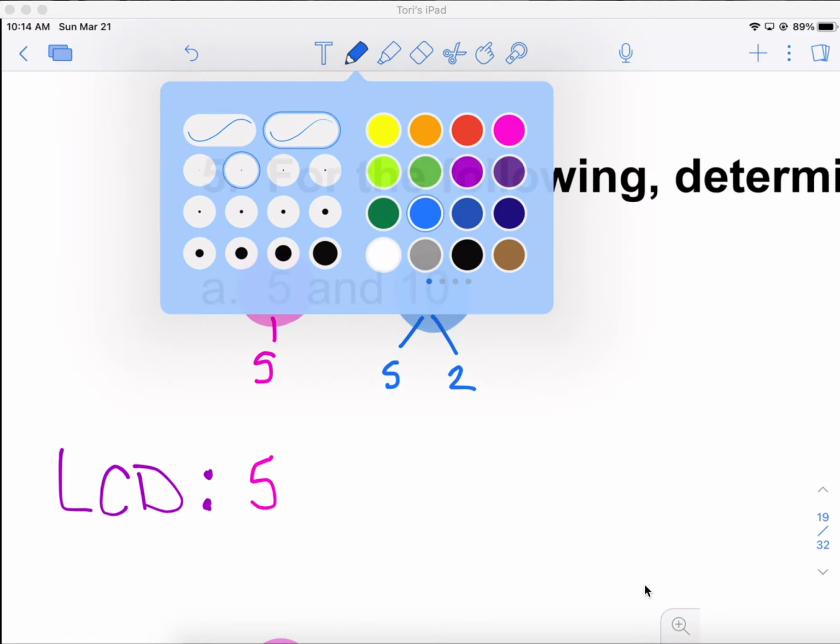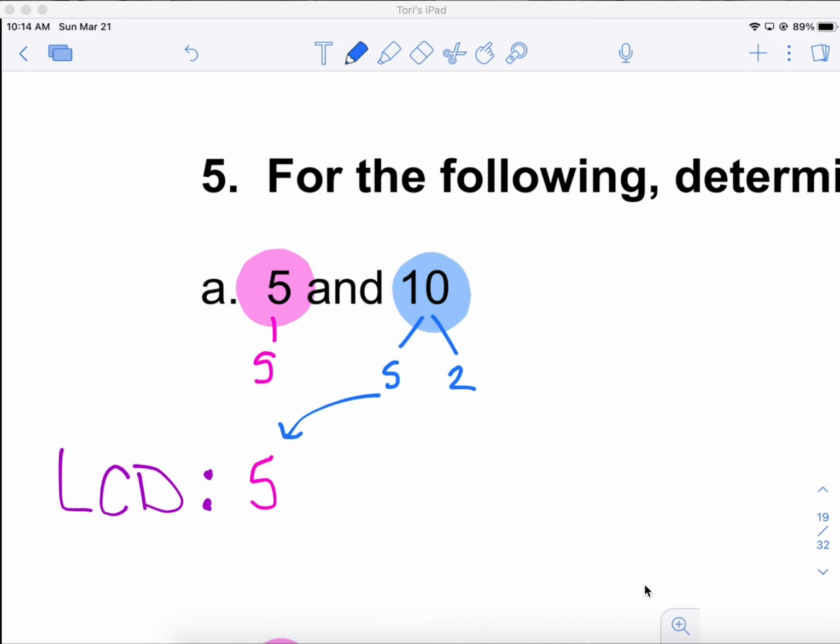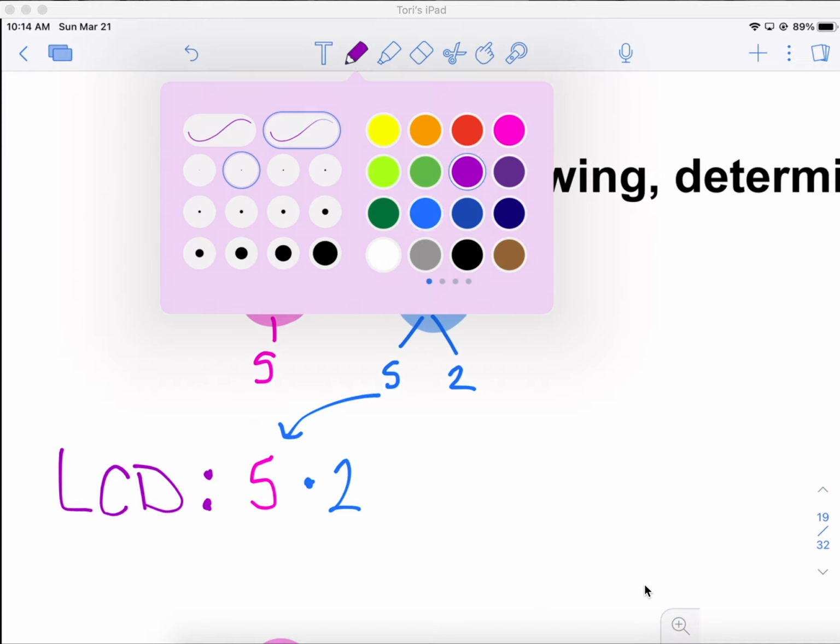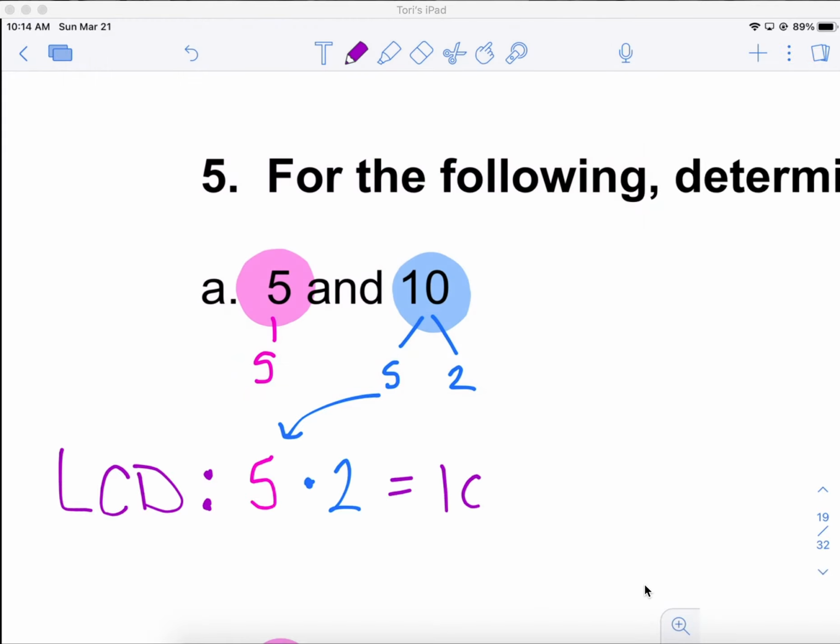So I don't have to repeat this 5. But I do need to put a 2 in to make it work for the 10. Therefore, my least common denominator is 10. I have every number needed to make the pink, and I put in any additional numbers that I need to make the blue. Least common denominator or least common multiple would be 10.